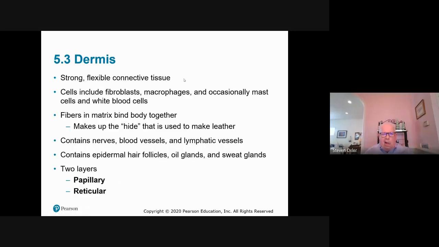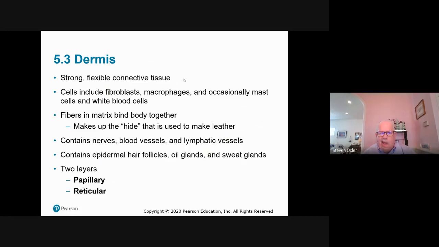Right below the epidermis is connective tissue, and that connective tissue is known as the dermis. The cells inside the dermis are blood cells, macrophages, mast cells, fibroblasts, white blood cells. This is the part of the skin that has blood supply.